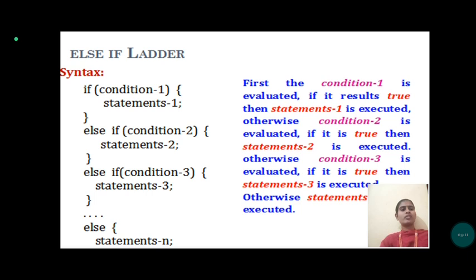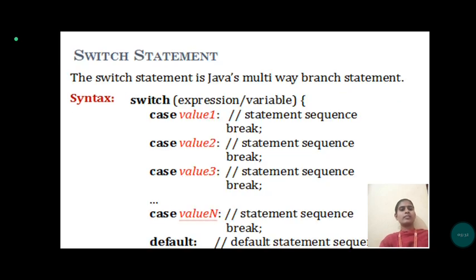Condition 1 is evaluated. If the result is true, then statement 1 is executed, otherwise condition 2 is evaluated. Then next, condition 3 is evaluated. If it is true, then its statement is executed, otherwise statement n is executed.